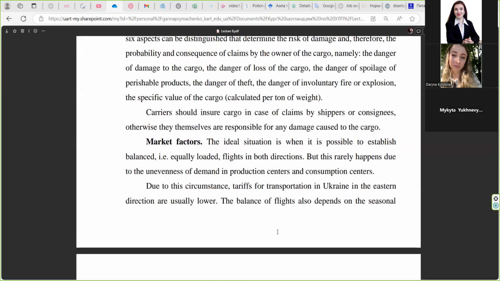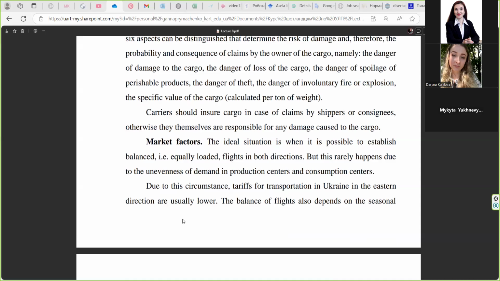The ideal situation is when it is possible to establish balance, for example, equally loaded flights in both directions and other. But this rarely happens due to the unevenness of demand in production centers and consumption centers. Due to this circumstance, tariffs for transportation in Ukraine in the eastern direction are usually lower.